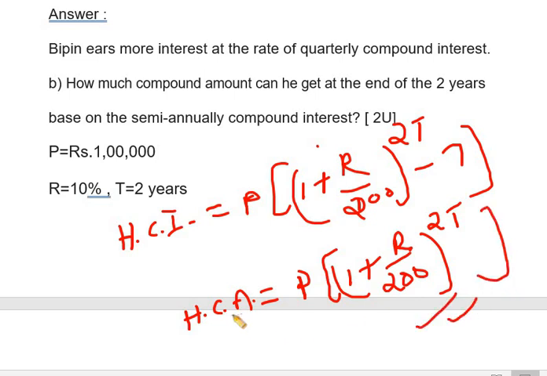It means this is the amount, the sum of principal and compound interest. If you write minus 1 here, then it will give you the interest. If you write without minus 1, then it will give you the compound amount.